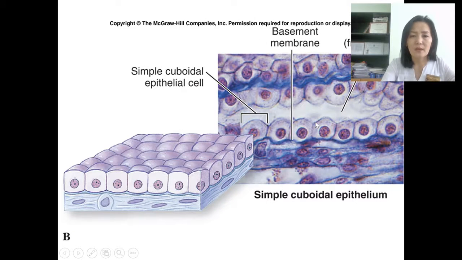Next one. This one is simple cuboidal epithelium. Why simple? Because it consists of a single layer of cells. This part is the basal membrane. This is the lumen part. This part is connective tissue. And these are cuboidal cells, cube-like cells. That's why cuboidal epithelium, simple because it consists of a single layer of cells.